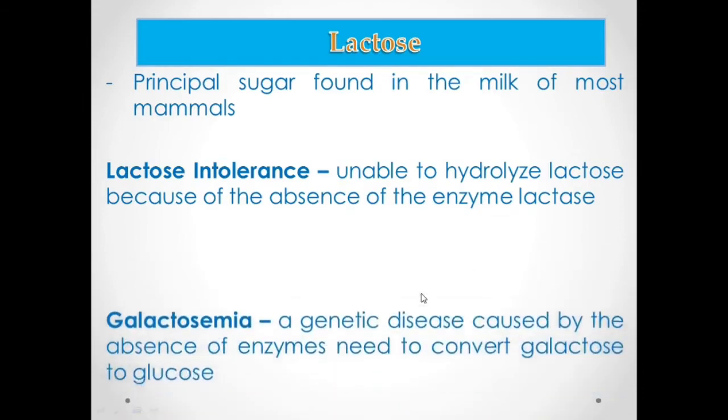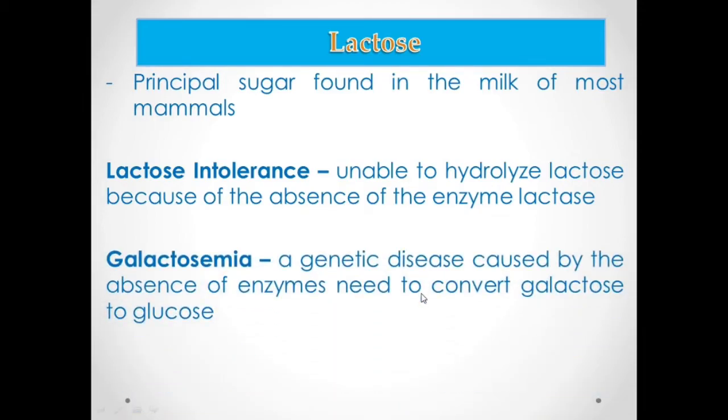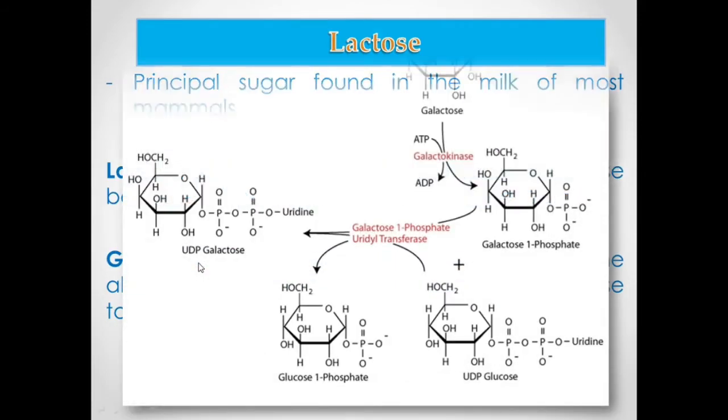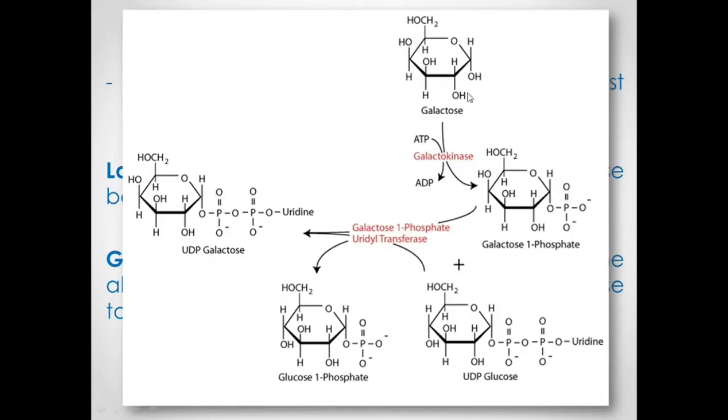However, if you don't have enough enzymes to convert D-galactose to D-glucose, then you have the condition we call galactosemia. Galactosemia is actually a genetic disease caused by the absence of enzymes needed to convert galactose to glucose. With these reactions, galactose in the body is converted into glucose by these enzymes.